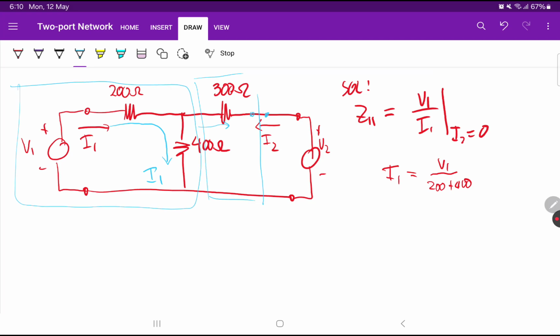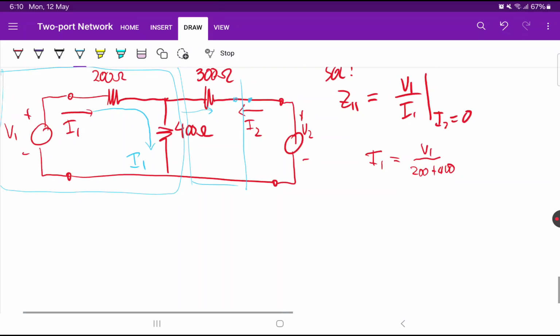And if you look at that circuit, that's just a simple series circuit with resistance 200 and 400 ohms in series. So if I want to solve for the total current, it's just equal to the voltage divided by the total resistance, which is equal to 200 plus 400 because they are in series. So this will be V1 over 600 ohms.